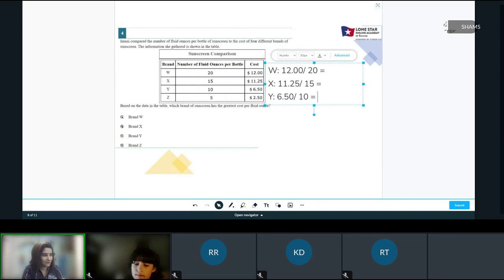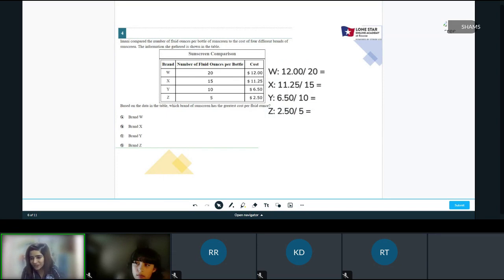And then brand Z, the total cost is $2.50 and you can get 5 ounces. Work it out, everybody, for each and every brand, and we will write down this cost so we can answer it correctly. So W costs 60 cents.